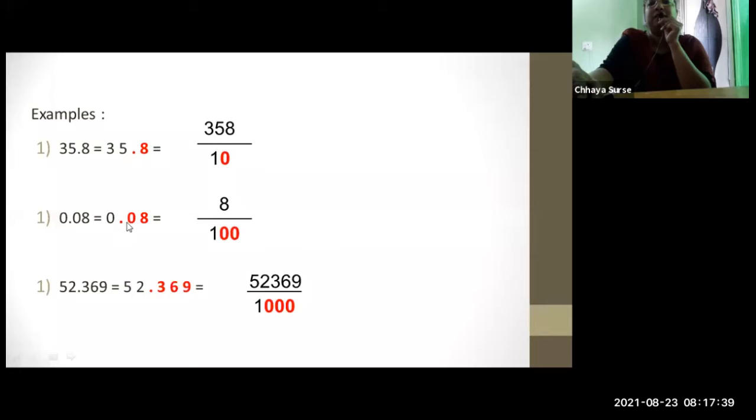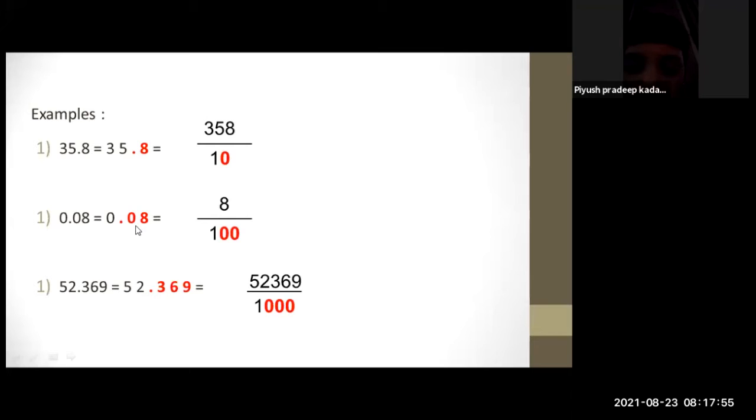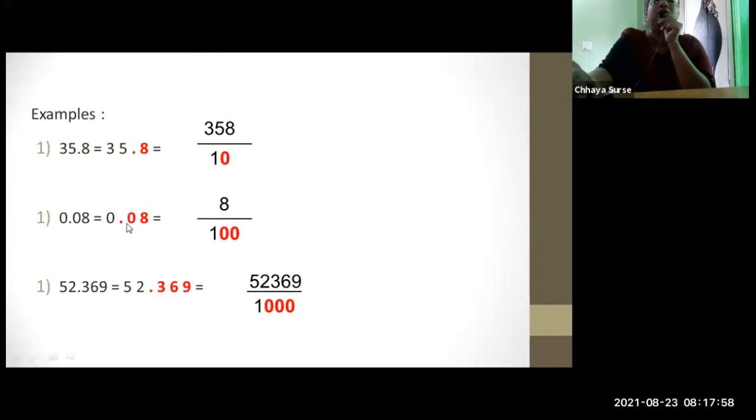This is the decimal point, and after the decimal point how many digits are here? 2 digits. Okay, thank you. So 2 digits are there. That's why we added two 0s in the denominator with the 1, because after the decimal point here are 2 decimal places. Clear?